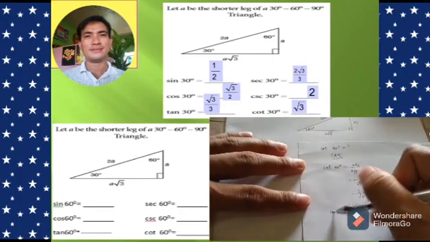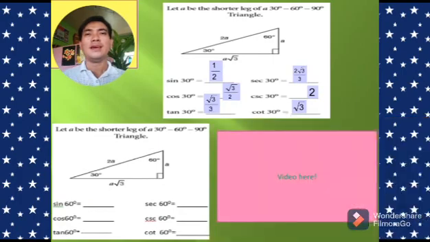Therefore, we have here sine 60 degrees is equal to square root of 3 over 2. Cosine 60 is equal to 1/2. Tangent 60 is equal to the square root of 3. Secant 60 is equal to square root of 2.